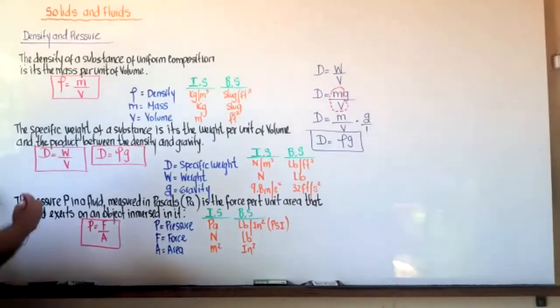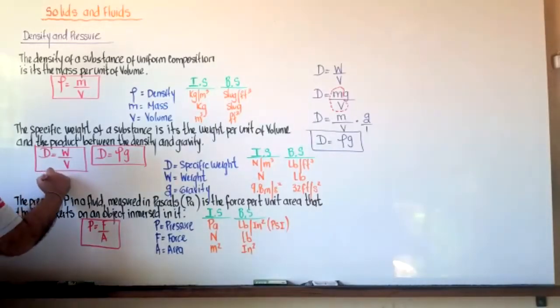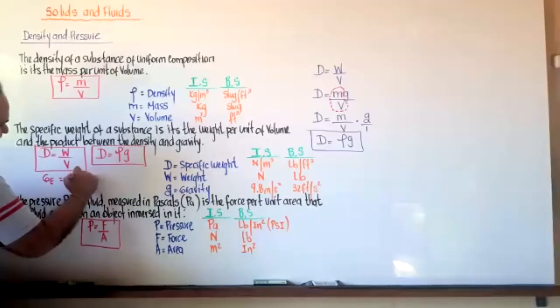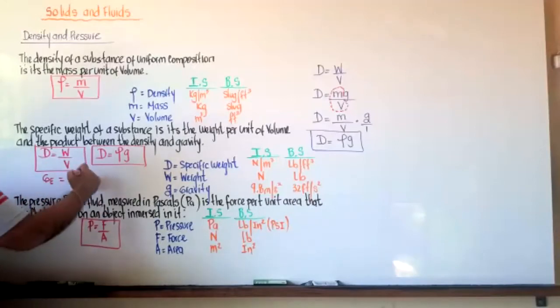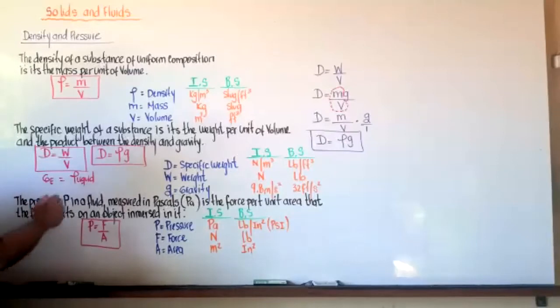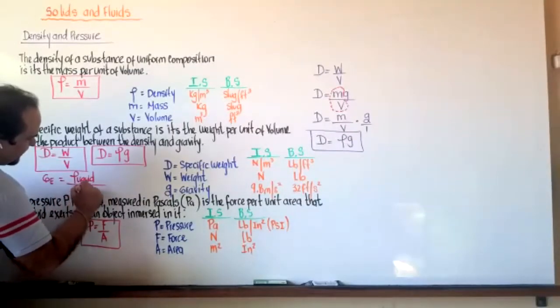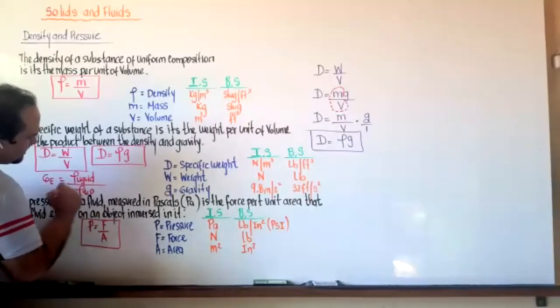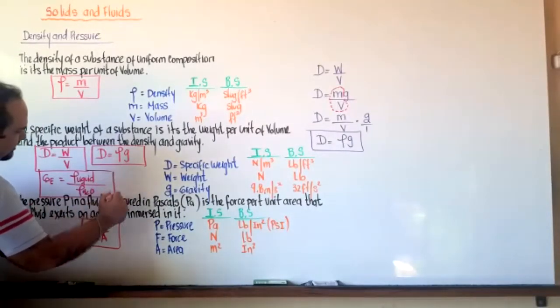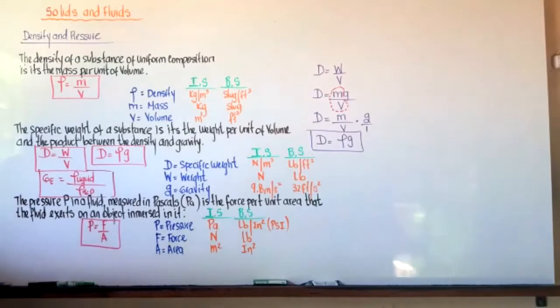The specific gravity, SG, is the relationship between the density of the object, the liquid, divided by the density of H2O. In simple words, the density of the liquid divided by the density of the water.